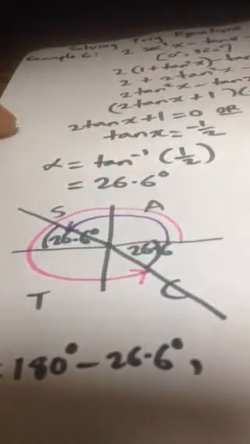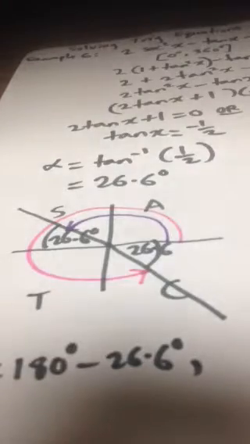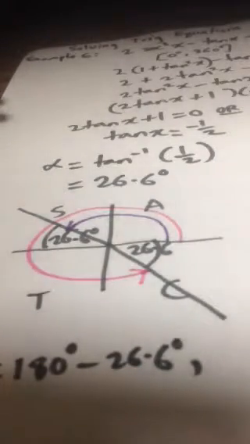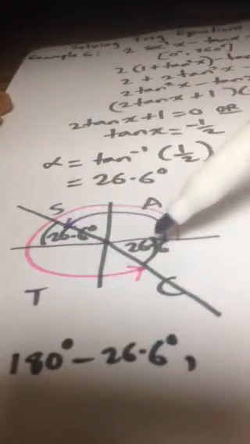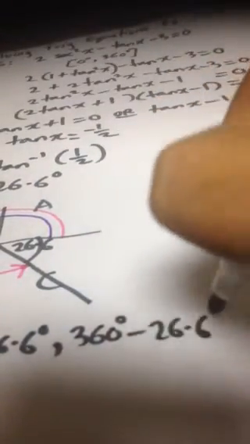and in the fourth quadrant it is going to be this angle here, almost all the way around. We made almost a full revolution. In the fourth quadrant, x is equal to 360 degrees minus alpha, so that will be 360 minus 26.6 degrees.